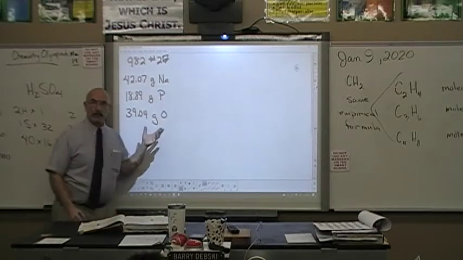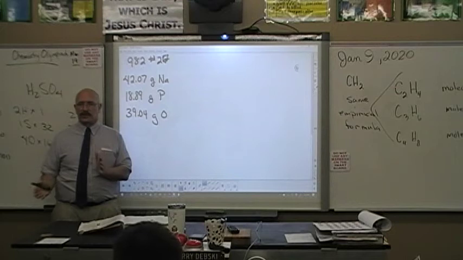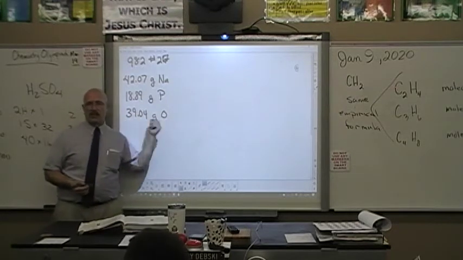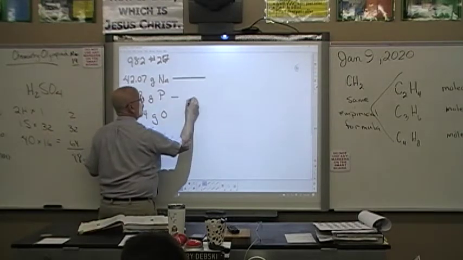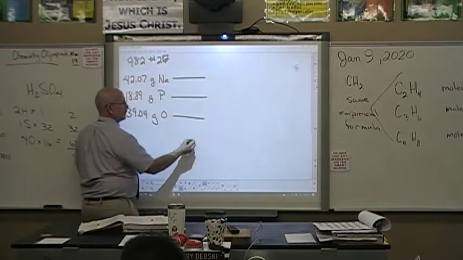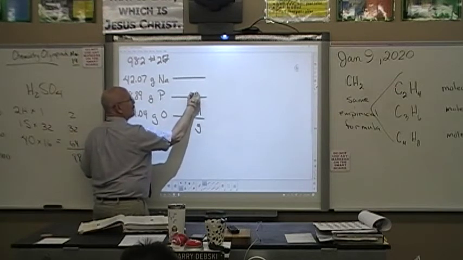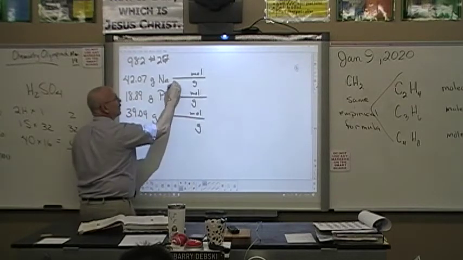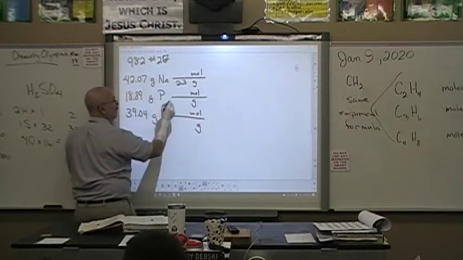And again, so I wrote down grams. Don't be scared, okay? Remember percentages. We're going to assume a 100-gram sample. It's always going to be grams. This is just going to be a little bit more board space, okay? So, you can start working on it right now. You know how to change things into moles. Grams per mole. For oxygen, grams per mole. Phosphorus, grams per mole. Sodium, 23, 28, 31.